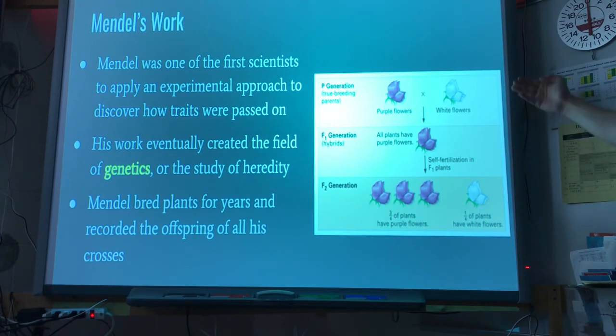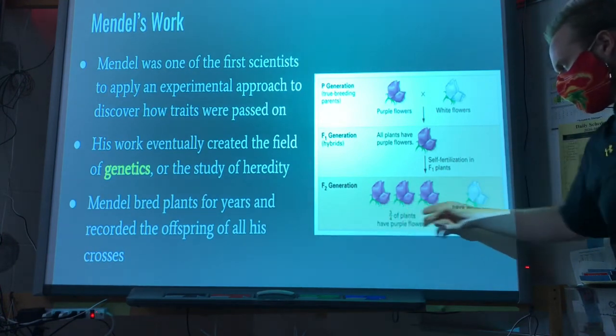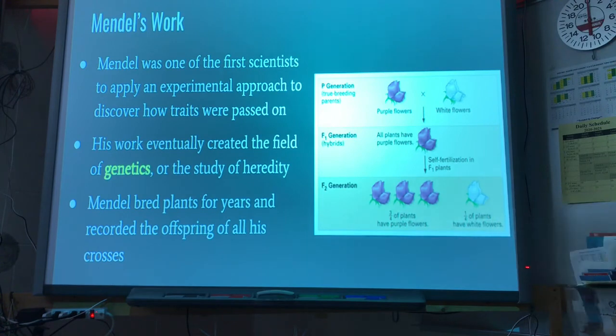But if we think of ancestry, this is like your grandparents, this is your parents, this is like you and your brothers and sisters. If the grandparents were purple and white, all of the parents' generation were purple, but some of your brothers and sisters are purple, and one of you, statistically, was a white colored flower.